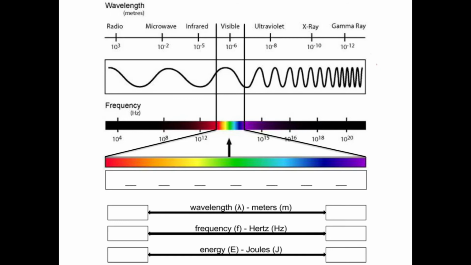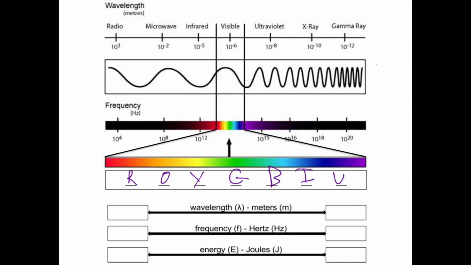All right, so let's do something real quick. What are the colors in the rainbow? Well, it's Roy G. Biv. That's how you remember: red, orange, yellow, green, blue, indigo, and violet.